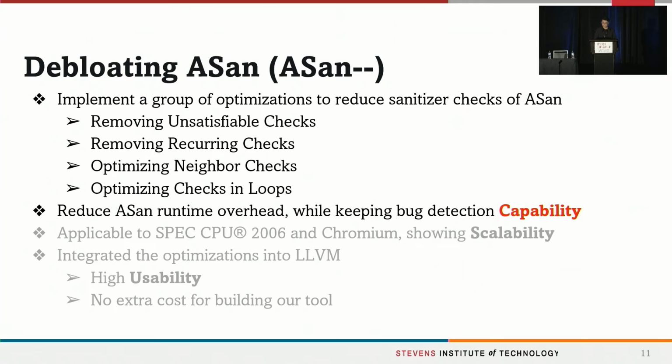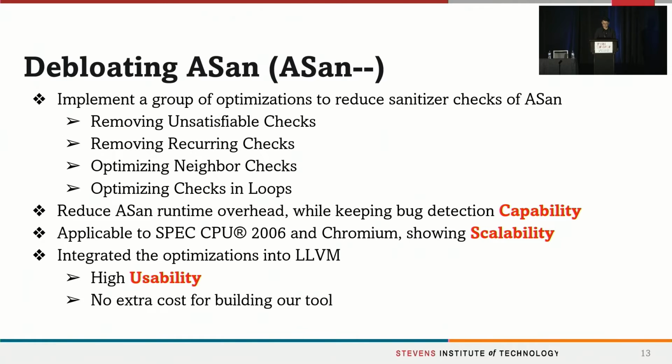Our tool, ASan--, can reduce address sanitizer runtime overhead while keeping the bug detection ability. It is applicable to SPEC CPU2006 and Chromium, showing its scalability. Finally, we integrated our optimizations into LLVM for high usability, and thus no extra cost for building the tool.